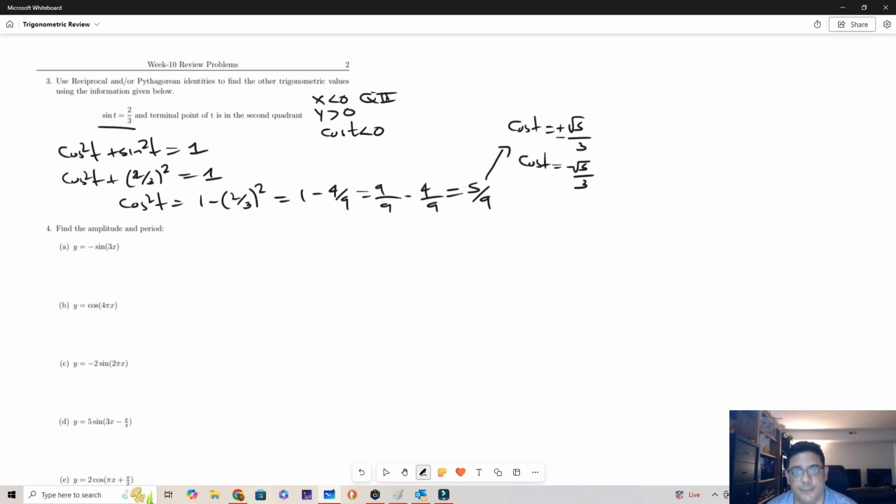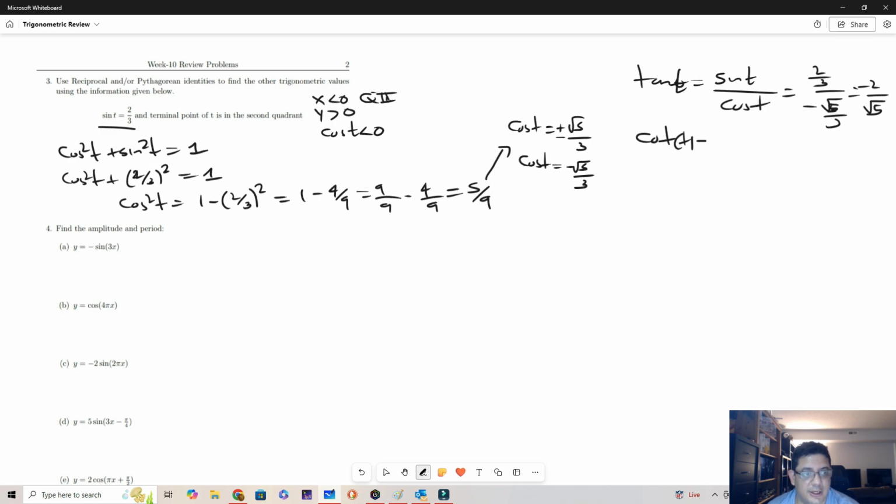So for example, tangent of t in this case is going to be sine of t over cosine of t, and the sine is 2 over 3, and the cosine is minus the square root of 5 over 3, so this is just going to be minus 2 over square root of 5.